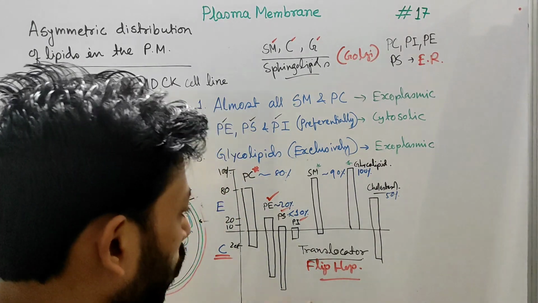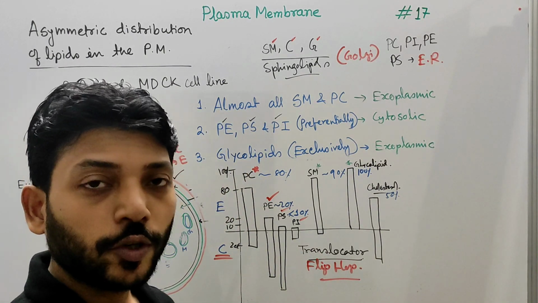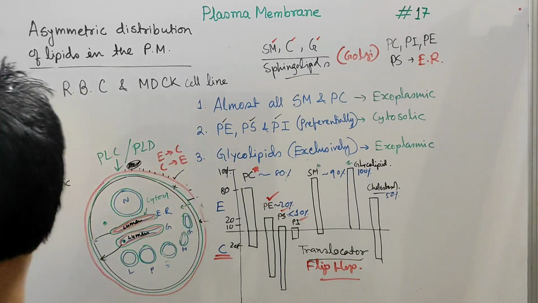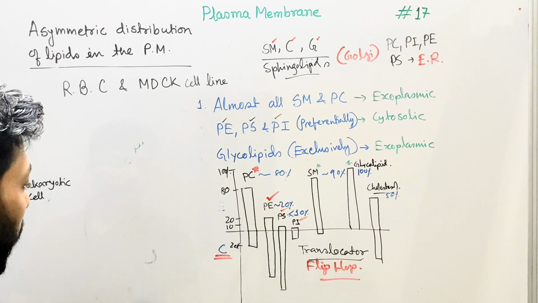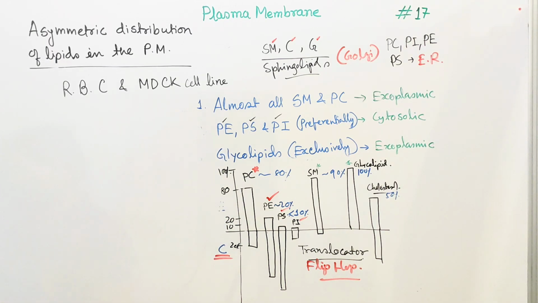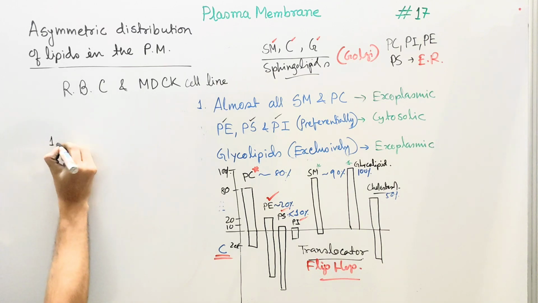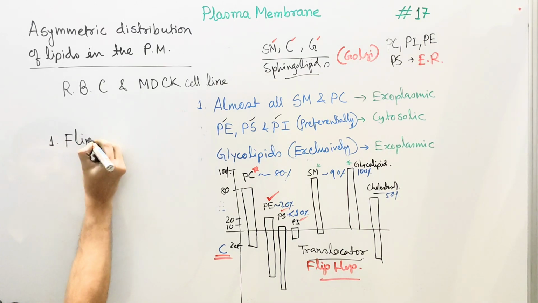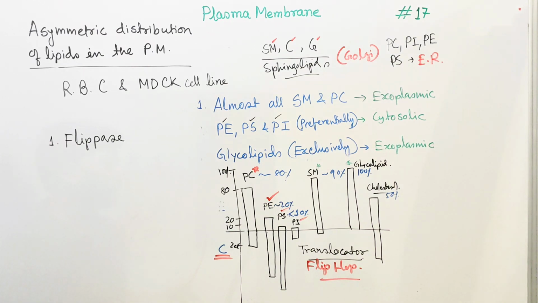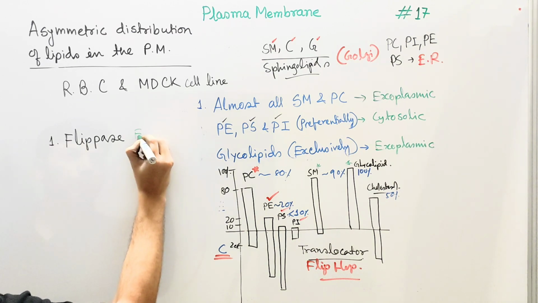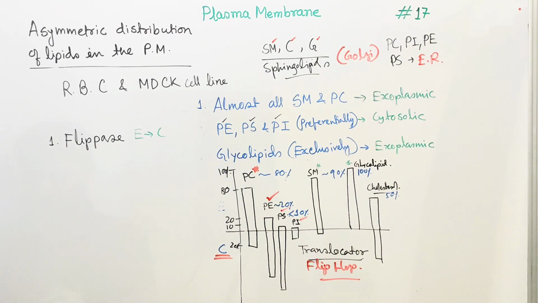Now, what are the translocators that help in this type of movement? Let me write here. There are three types of translocator proteins. One is called flippase. This enzyme can transfer or migrate lipid molecules from the exoplasmic to the cytosolic leaflet.